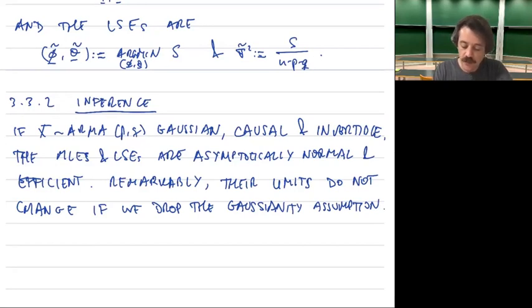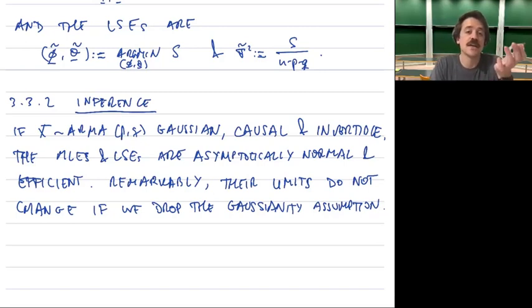That would be the limiting covariance or the limiting variance, and they would be asymptotically normal under the Gaussianity assumption, but it turns out that you can just keep that normal distribution with that variance, even when you don't have the Gaussianity assumption. So you will have that as the limiting distribution.